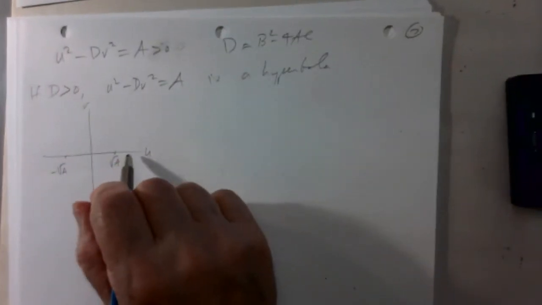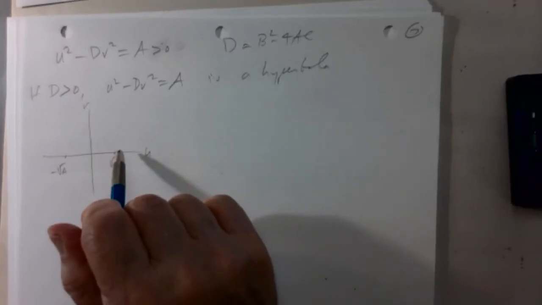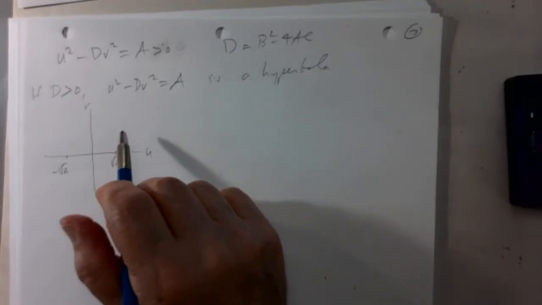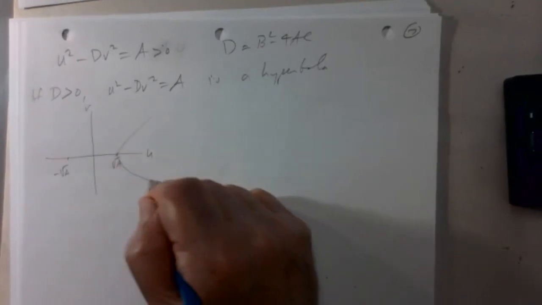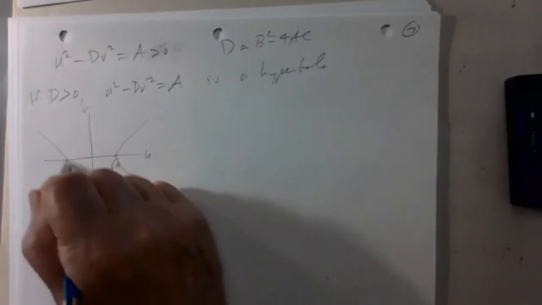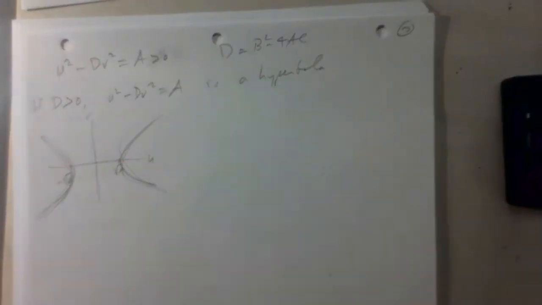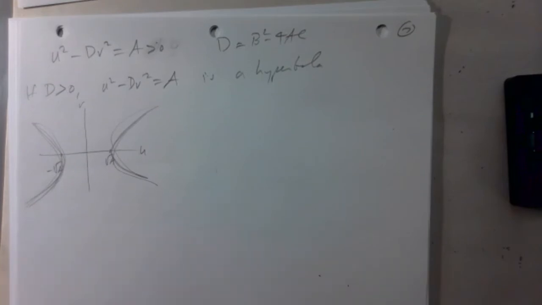And as v gets bigger and bigger, you just get a hyperbola that looks like that. Right? So if this isn't familiar to you, then you really need to go back and review wherever you learn about these things, but it's just a hyperbola if d is positive.